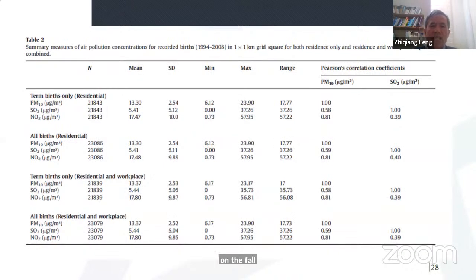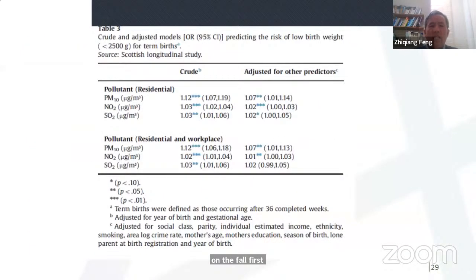So the result they show is the residential pollution obviously is associated with a higher risk of low birth weight. The table is based on the logistic regression. And then they also include the residential and the pollution level at workplace.